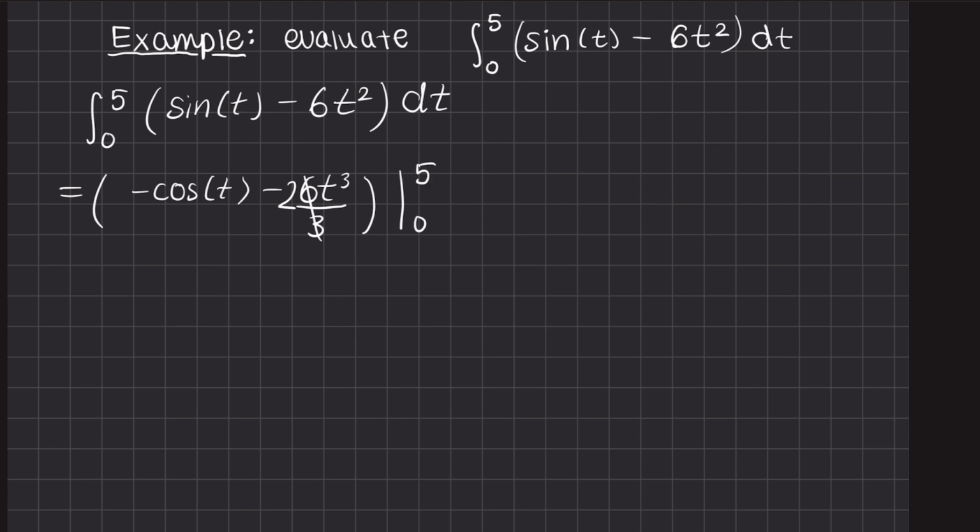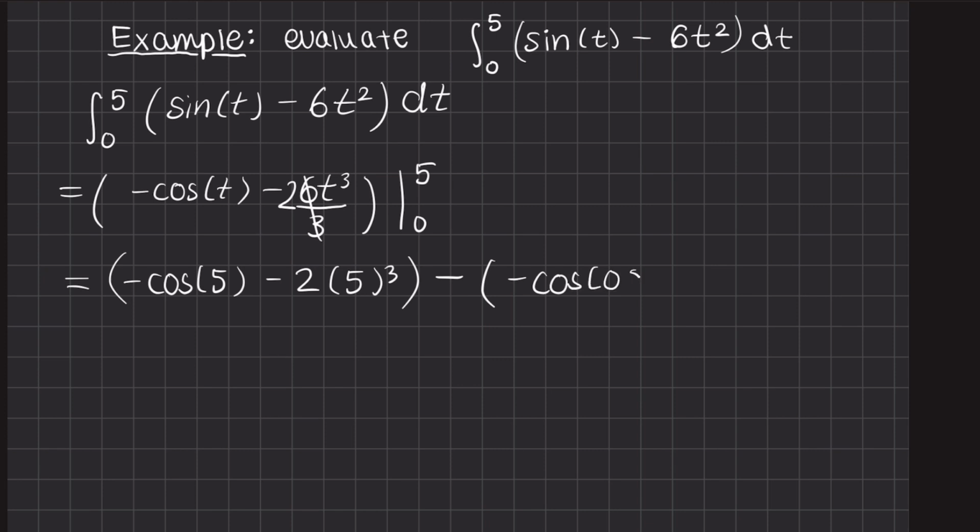So now that we have our antiderivative, we can go ahead and plug in our bounds. We have negative cosine of 5 minus 2 times 5 cubed, minus negative cosine of 0 minus 2 times 0 cubed, which is just 0.